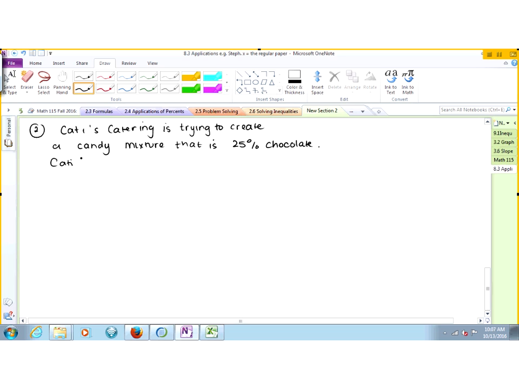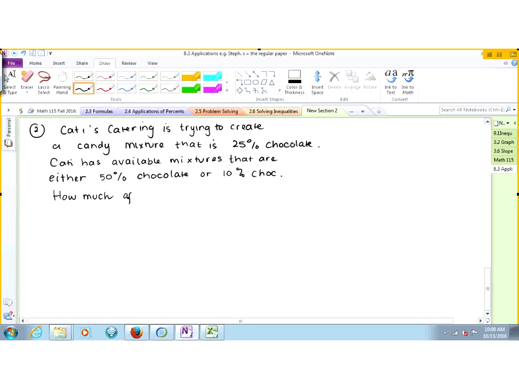All right. Katie has available mixtures that are either 50% chocolate or 10% chocolate. Okay. All right.